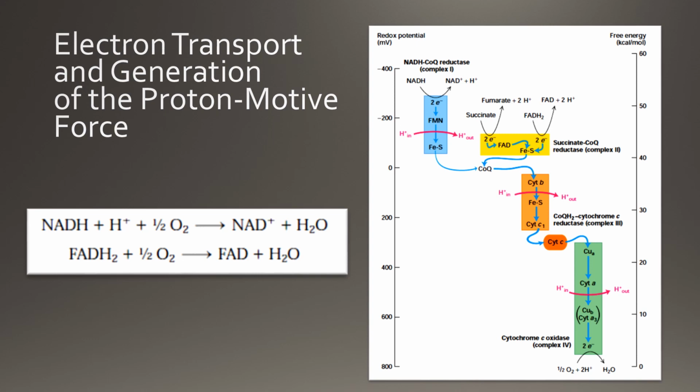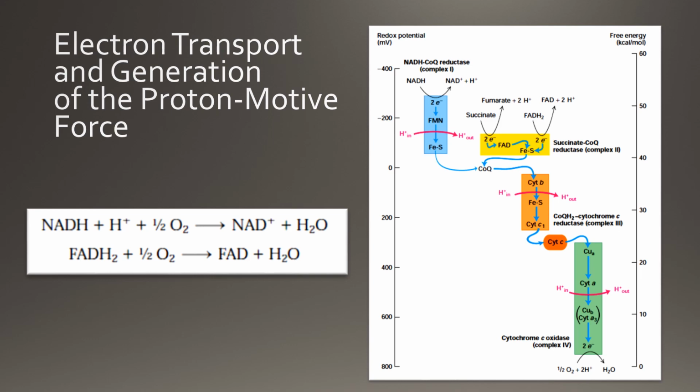During respiration, electrons are released from NADH and FADH2 and eventually are transferred to O2 forming H2O according to this equation here. NADH plus proton plus half O2 changes to NAD plus and H2O, and similarly FADH2 plus half oxygen changes to FAD plus H2O.